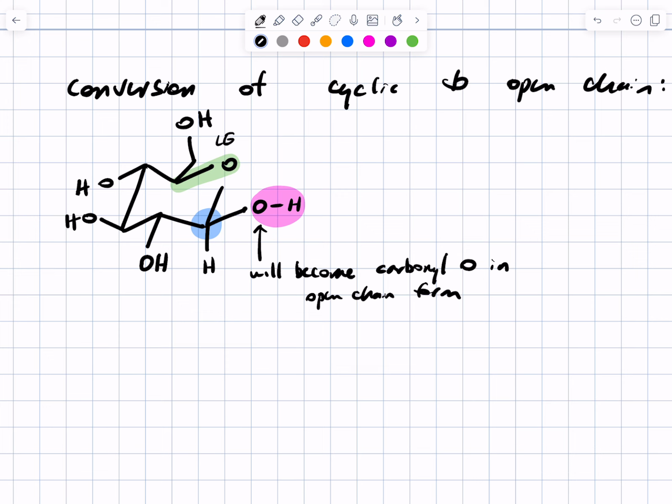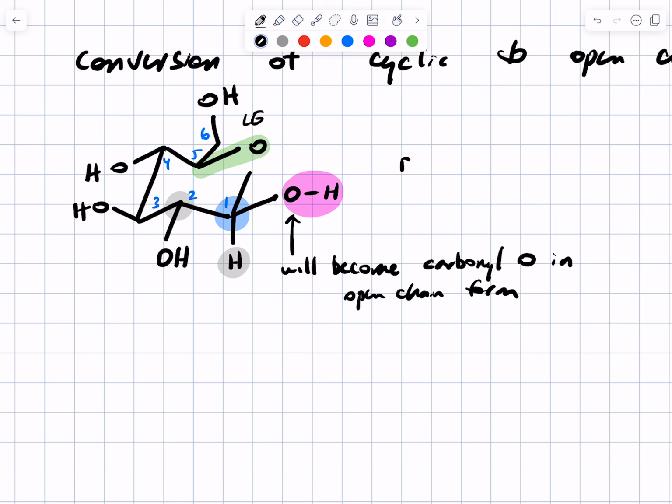Here's a hydrogen there, and the hydrogen and the adjacent carbon C2 are just spectators. So in order to form the open chain form, we will, with a base, remove the proton on the pink OH group. Electrons will kick down to do an elimination reaction, and they will kick off the OR group, which will pick up a proton on its way out.